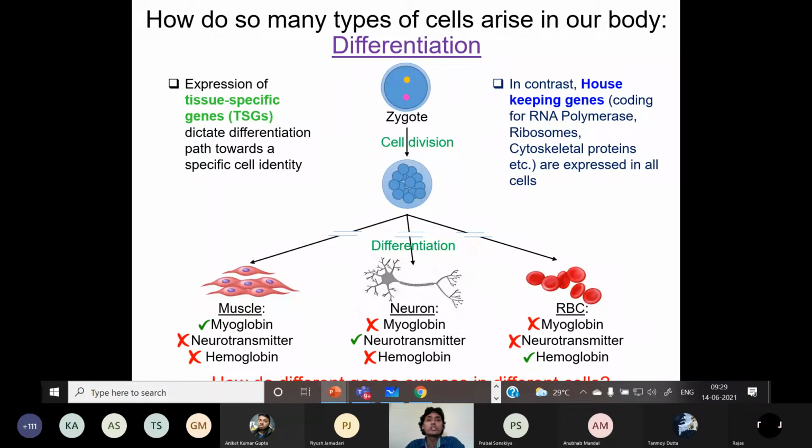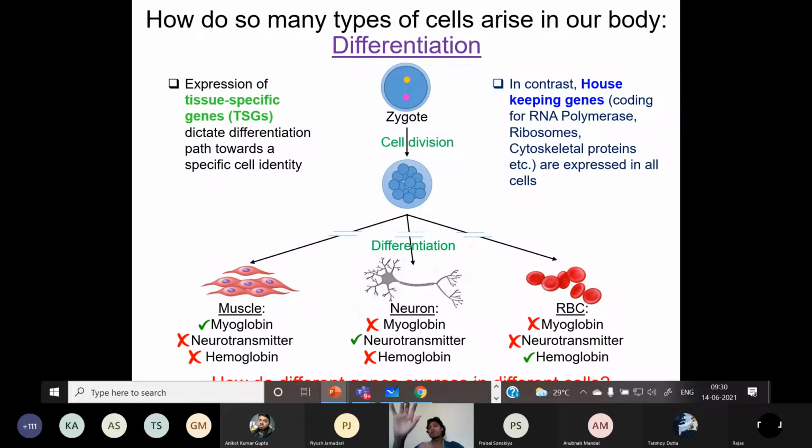How do so many types of cells arise in our body? That is a big question, right? After fertilization, we have the zygote. When the cell divides, you can see a mass of cells here, many cells together. That is called the morula stage or whatever it is, around say 60 cells, approximately. But what happens to those cells?